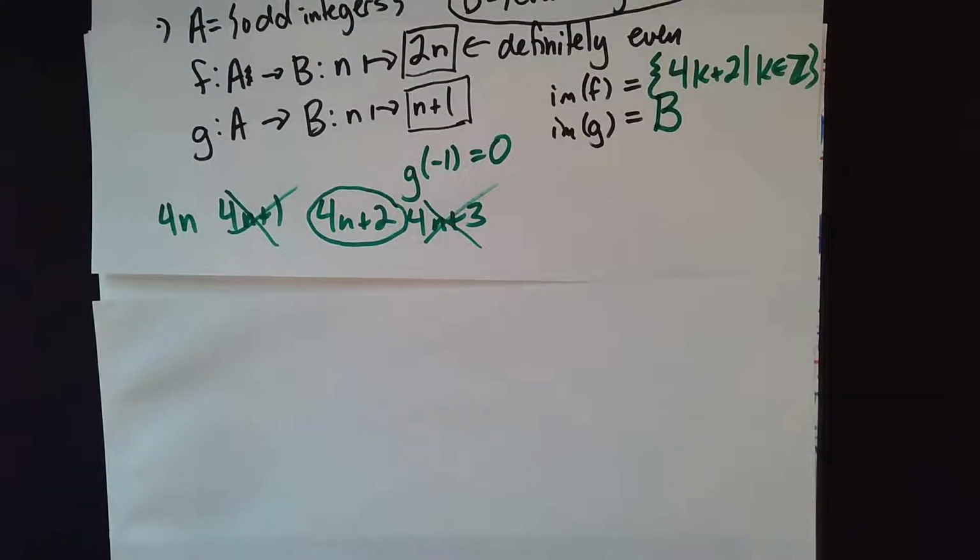And let me write you up a formal proof of that, just so that you can have an example laying around of what a formal proof that the image of a function is something looks like.